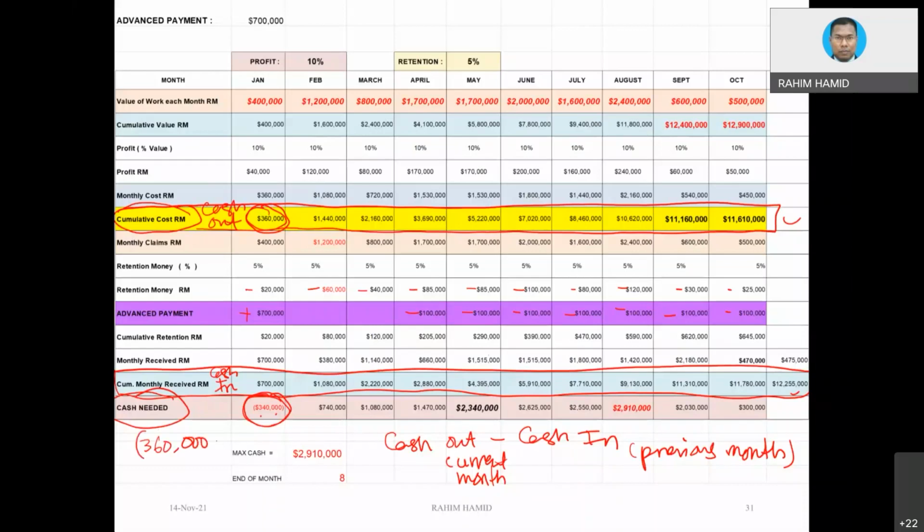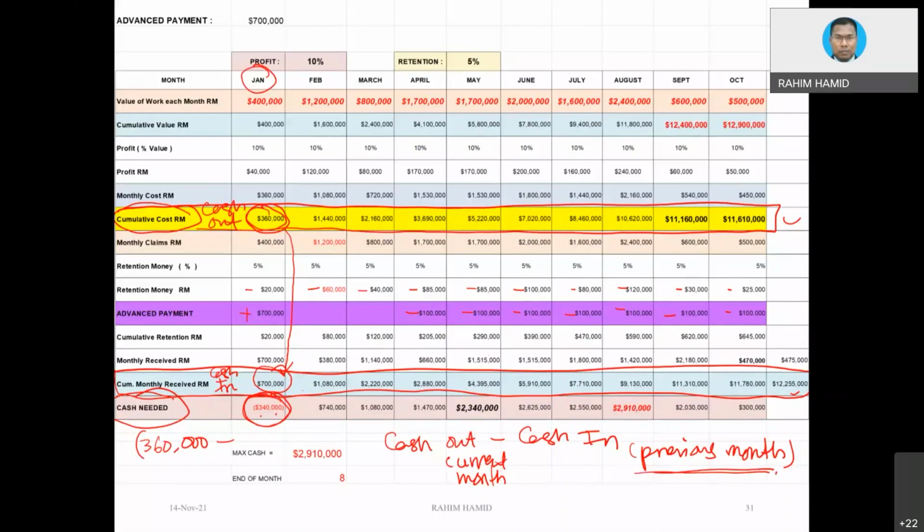Minus, remember, if it is January and you take this value, which is what we call cash in, you would be considering the current month, whereas we mentioned we should take the previous month.